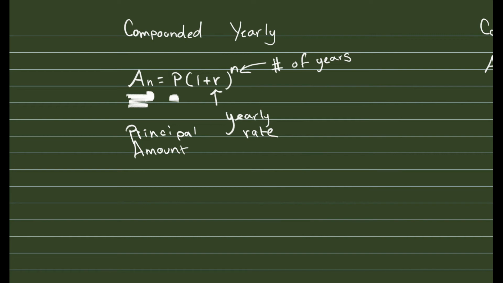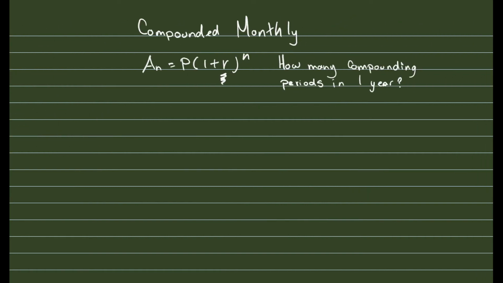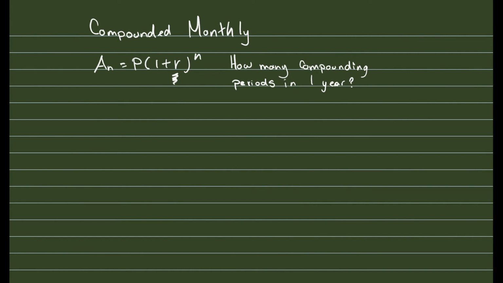But something can also be compounded monthly. This is the formula for something that is compounded monthly. It still follows compounding interest, so the formula is the same, but some numbers need to change, because now we don't have one compounding period per year. We have 12 compounding periods per year.